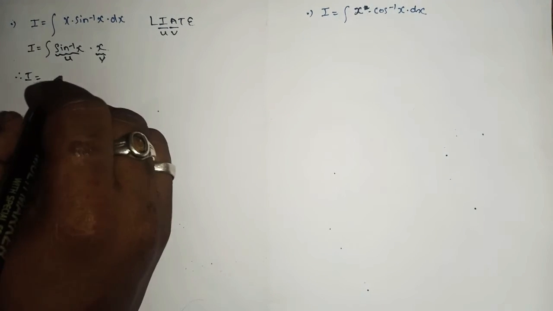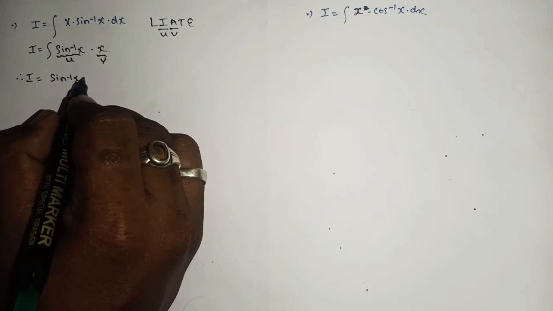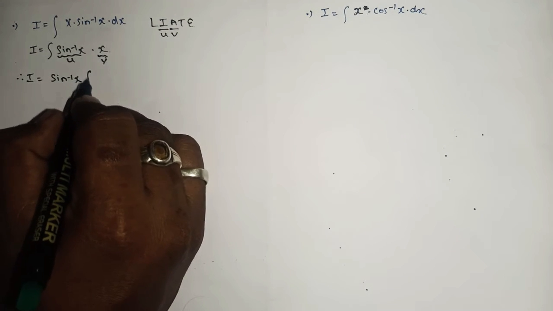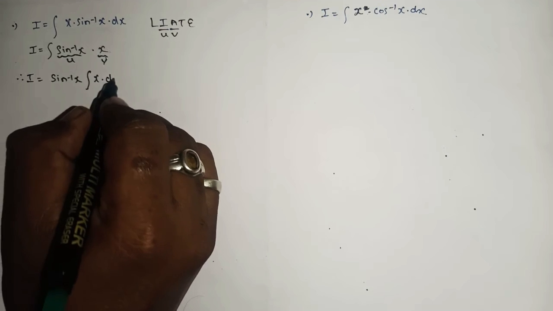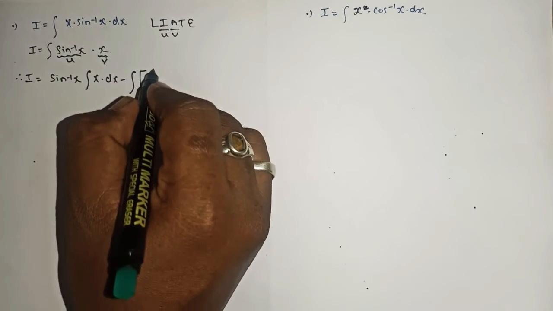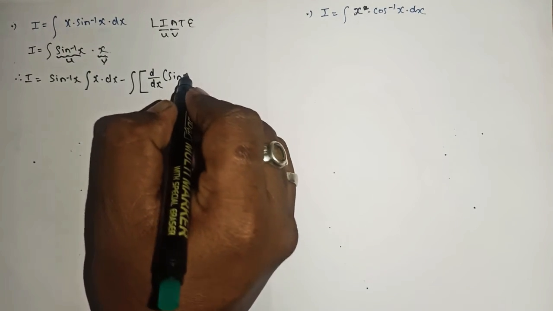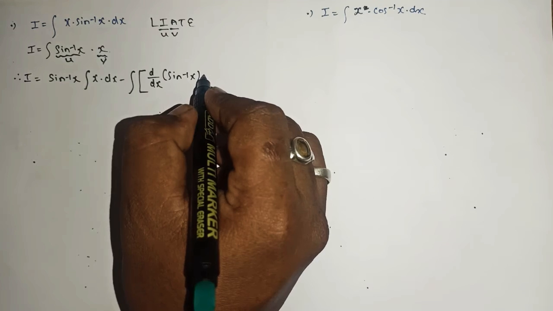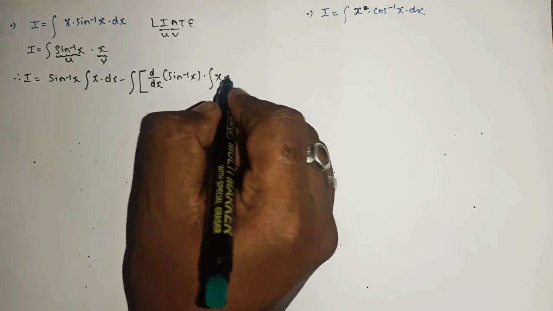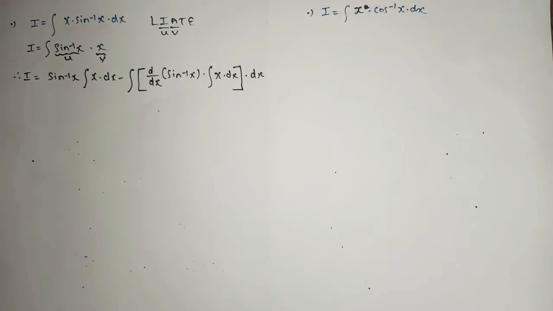So what is the formula? It says u into integration of v, minus integration of the derivative of u, into integration of v, dx.